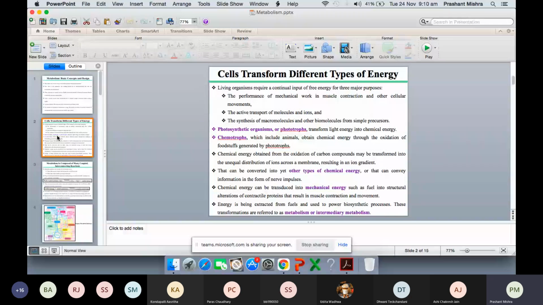The living organisms require a continuous input of free energy, and there are three main purposes of this energy. First is to perform mechanical work in muscle contraction and other cellular movement. Whenever bacteria are moving, whenever our muscles are moving, they require energy. We'll talk about where this energy comes from.